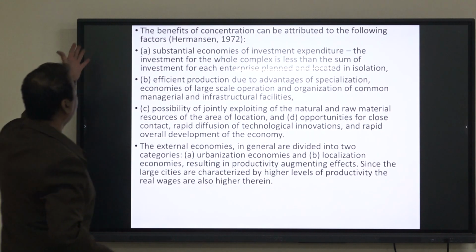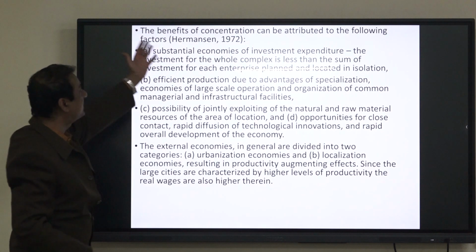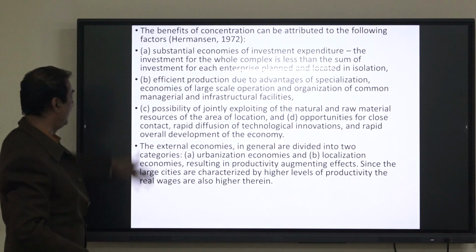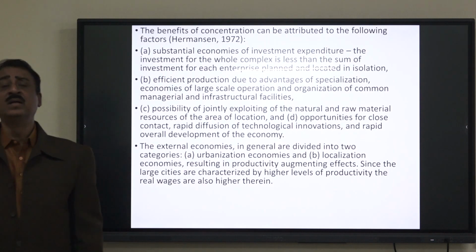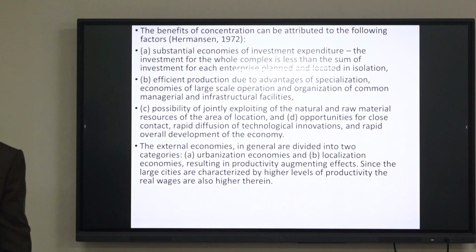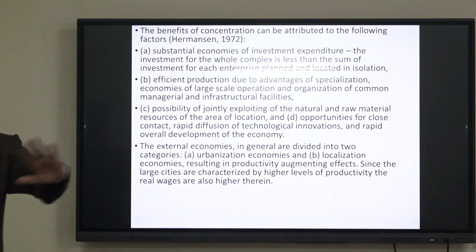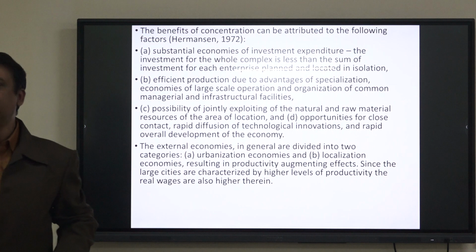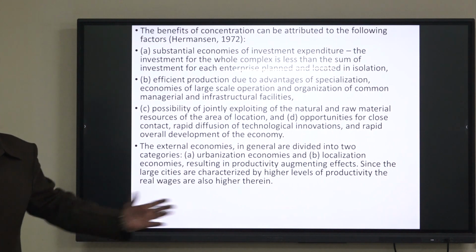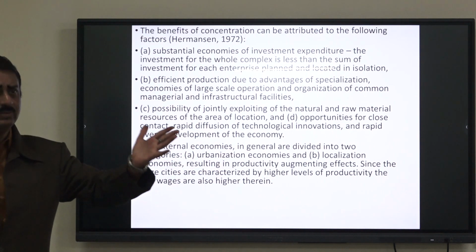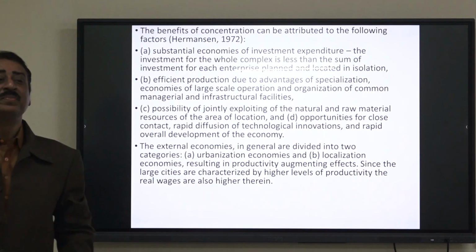Here you were able to see that Henderson brought out a number of reasons why agglomeration benefits, which we call agglomeration economies, can be higher in a concentrated place. There is a slight difference between Edwin Mills' concept and Henderson's concept. Edwin Mills said that whatever activities you are doing, you manufacture chemical goods, I manufacture iron and steel, all of us should come and do it in one region, the Gujarat model.